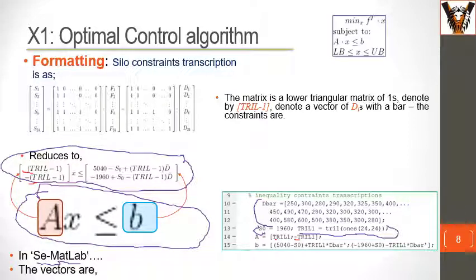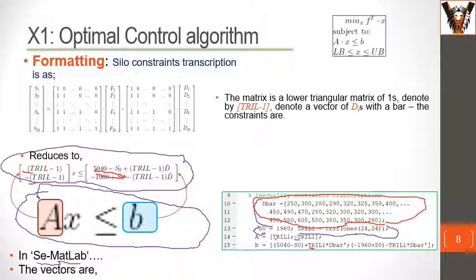For B, we need to create these two. So the first one is 5040 minus S0 plus the triangular matrix times the vector D bar. I have put a transpose here because the way I've written my D bar here, it's in the form of a row vector, but we need it as a column vector so that it can be multiplied.